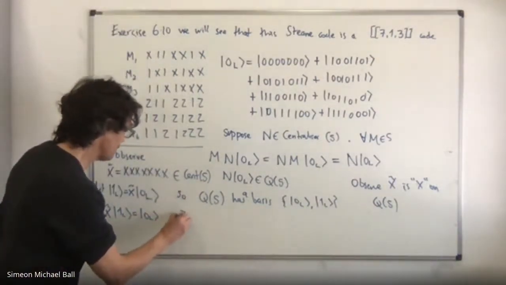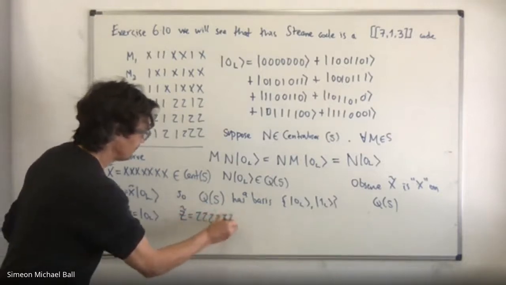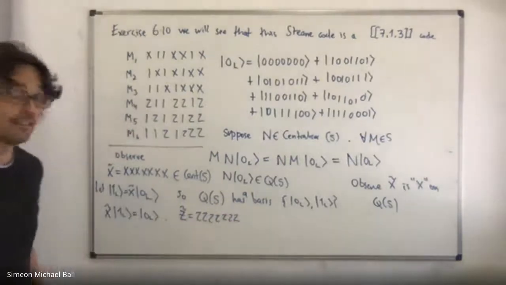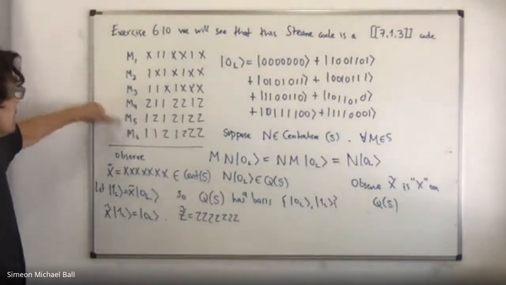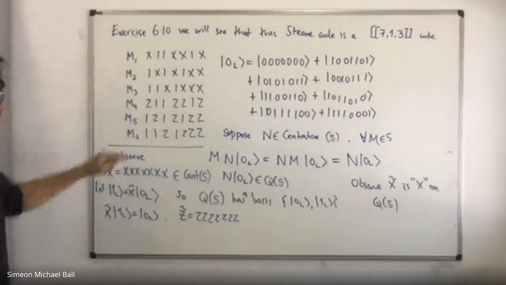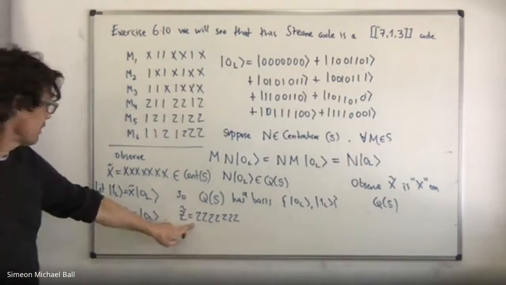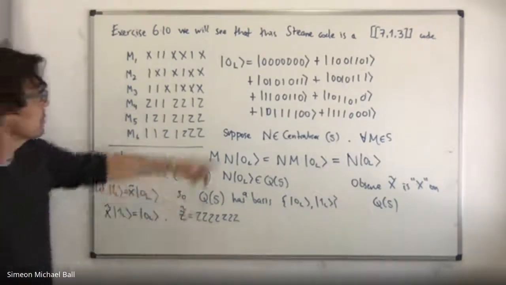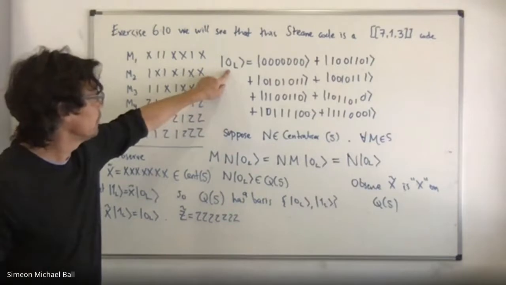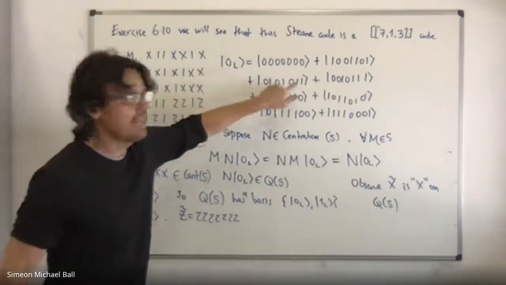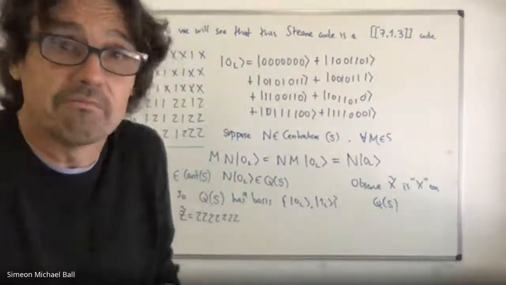Also, z logical is in fact all the z's. Again, this obviously is in the centralizer because it commutes with all of these, and it commutes with these because there's 4 x's for those. So it's in the centralizer, and really it does the same thing. What does it do here? To 0 logical, if you apply z's, all of these have an even number of 1s, so when you apply z's to all of them, nothing changes.